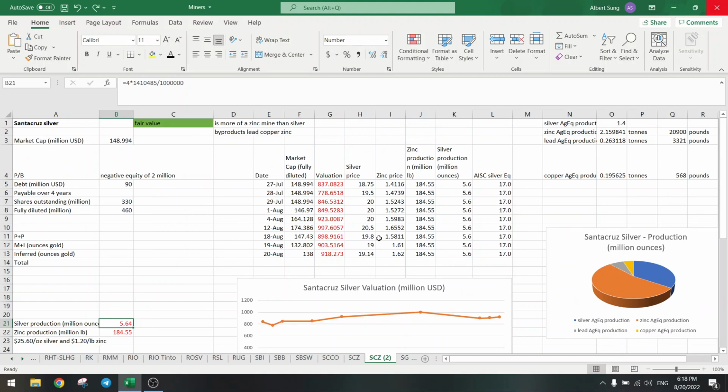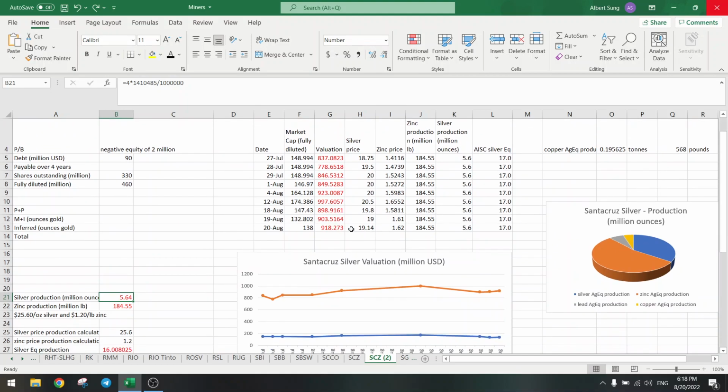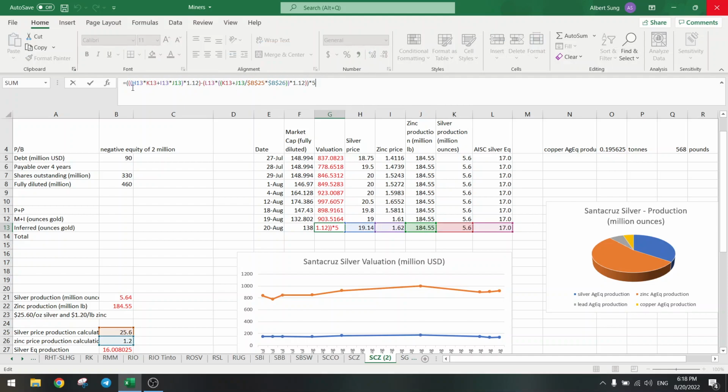Now, I have created an easier way to value this, and I used this formula. So what is this formula? It looks complex, but it's easier. We have two parts. The first part is revenue. Revenue is H13, silver price, times silver production.